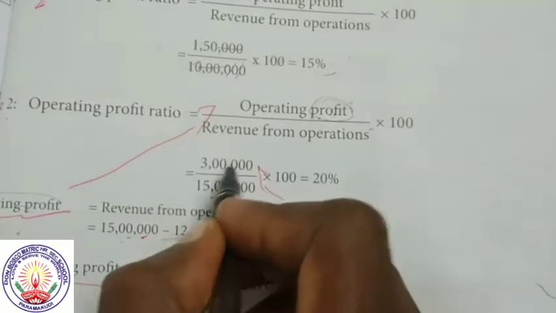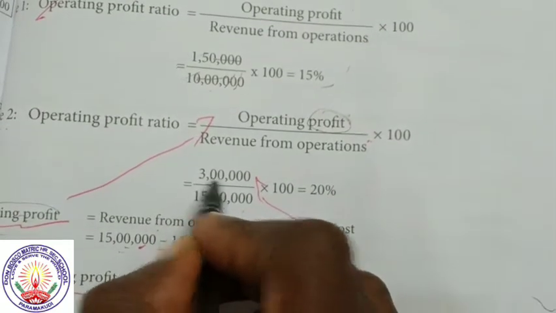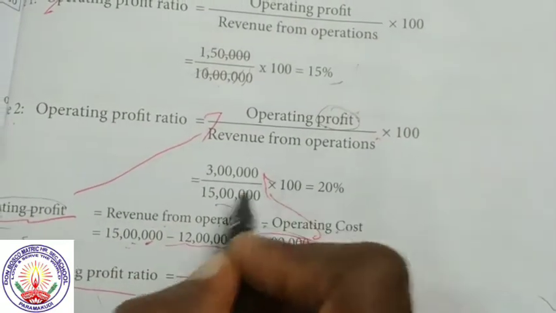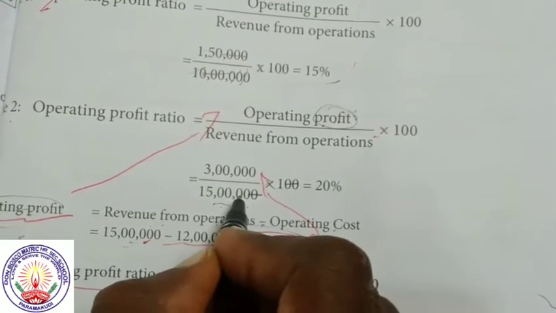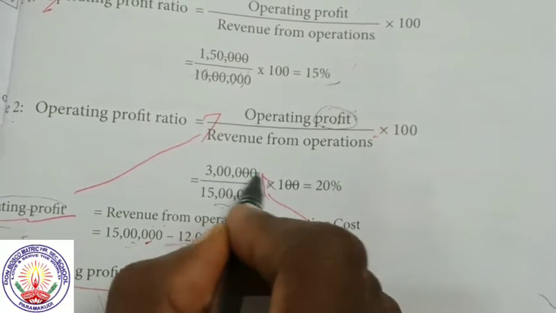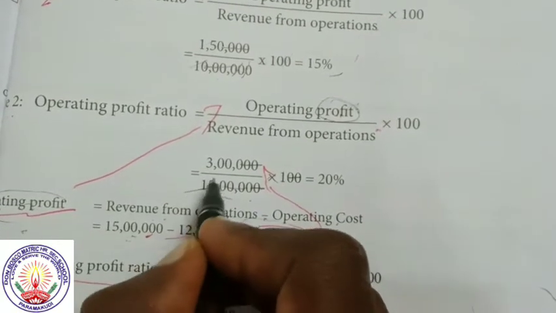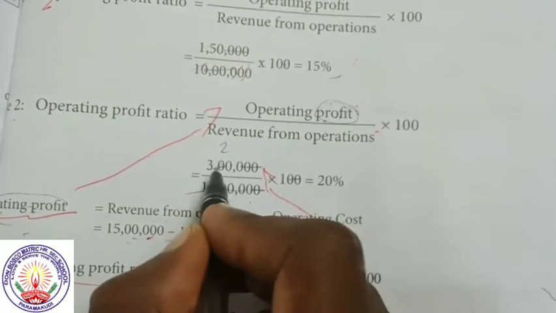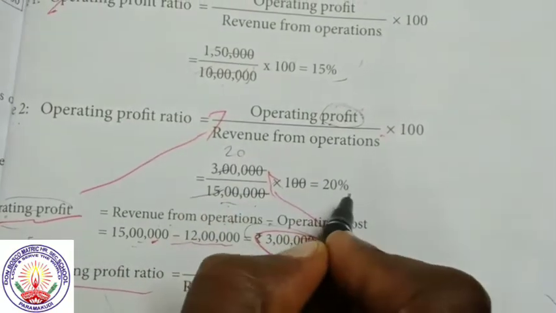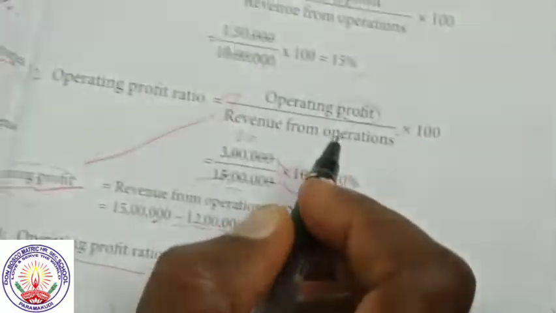Now directly apply: 3 lakhs divided by revenue from operation 15 lakhs into 100. That gives 20% for case 2.